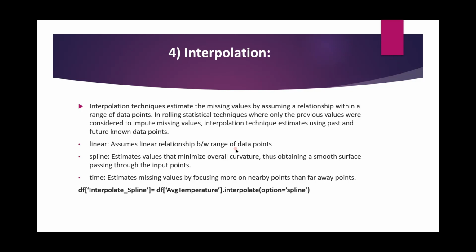Time estimates missing values by focusing more on nearby points; it only considers nearby points, not far away points. Here I have given one syntax which is used in the pandas library. I am using the interpolate function. I hope now it's clear to you. You can apply any of these methods by considering your data and which trend your data is following.